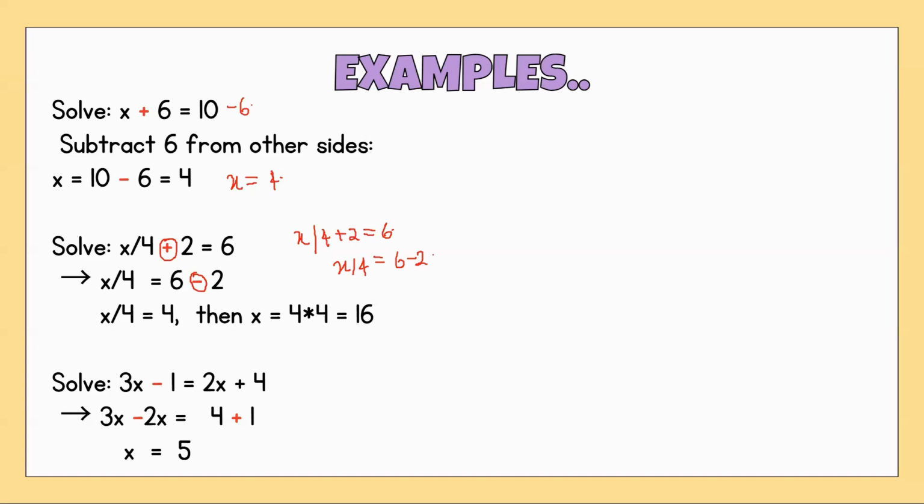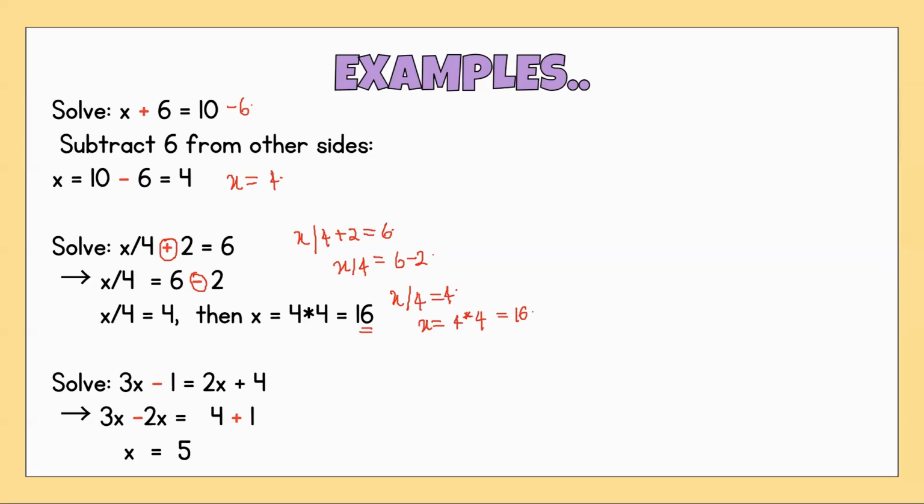So x by 4 will give you 6 minus 2, which is equal to 4. So x then will become 4 into 4, which is equal to 16. And x will be 16.